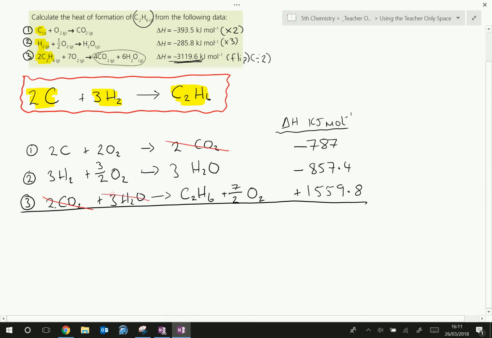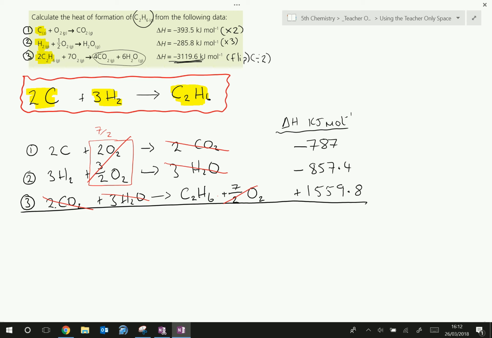The 3 H2Os I have on the left can cancel with the 3 H2Os I have on the right. And the oxygens, if I add 2 and a 3 over 2, that will give me 7 over 2 oxygens. So I have 7 over 2 oxygens on the left, and they can cancel with the 7 over 2 oxygens on the right. So they're cancelled.